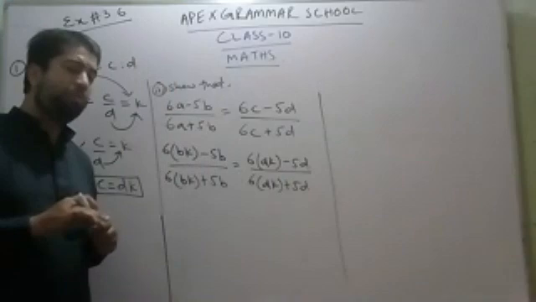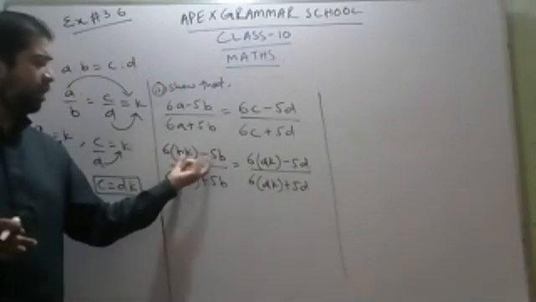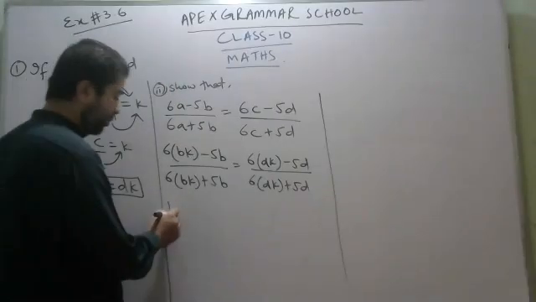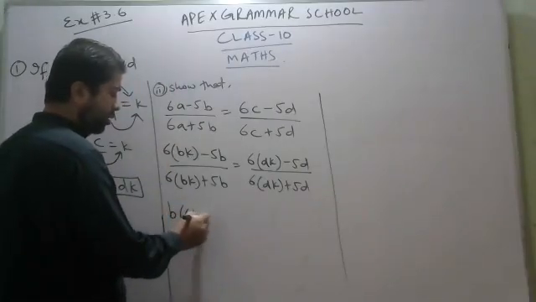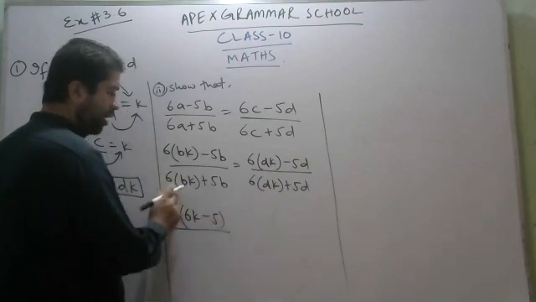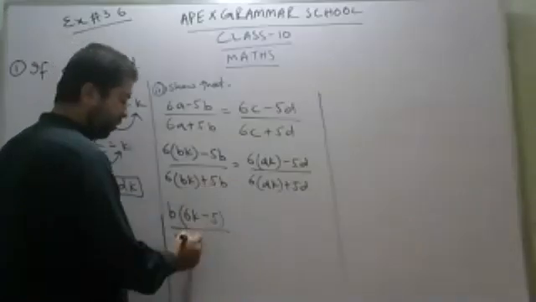Now what will be common here? Through this, we can easily take b common, and what will be left? 6k minus 5. And in the denominator again b is common, then 6k plus 5.